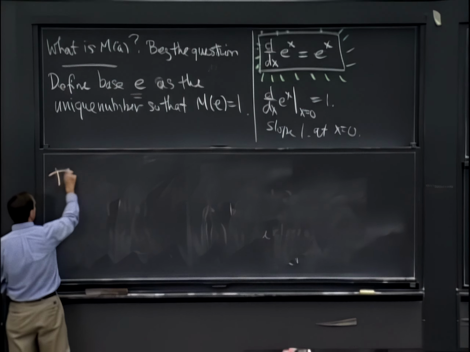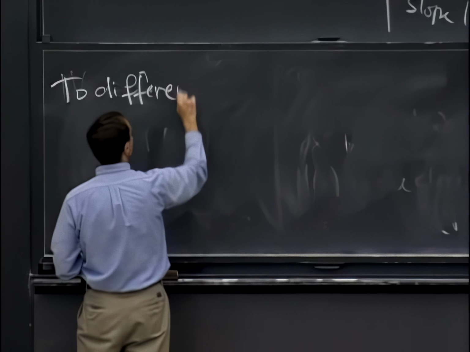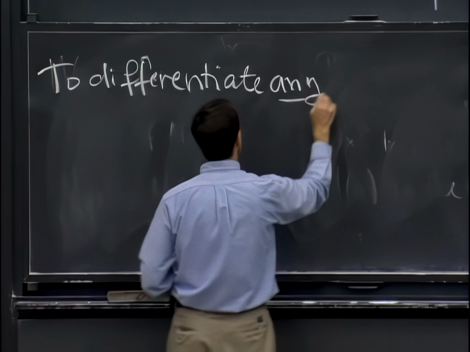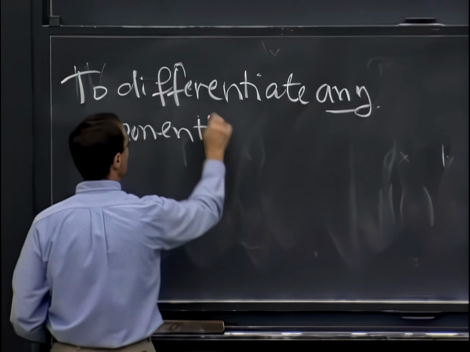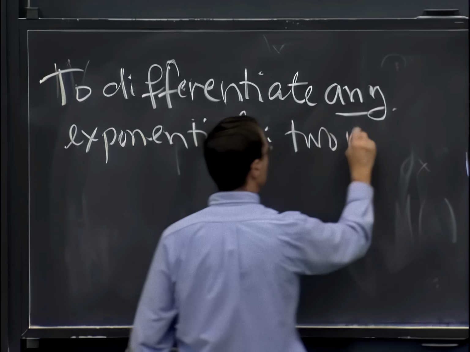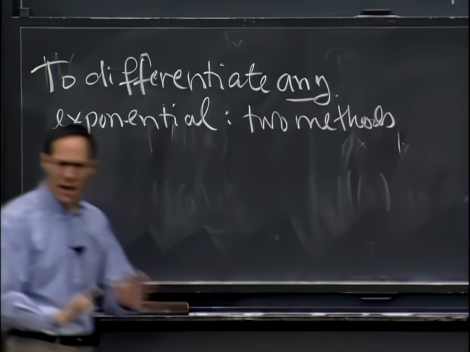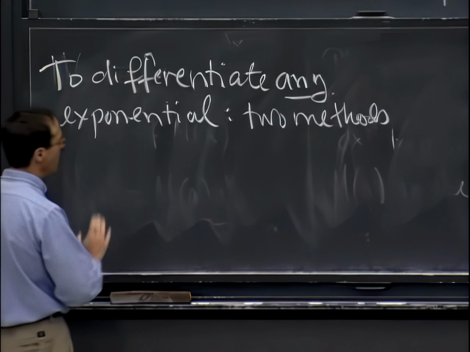So now, to differentiate any exponential, there are two methods. They're practically the same method. They have the same amount of arithmetic, but you'll see both of them, and they're equally valuable.